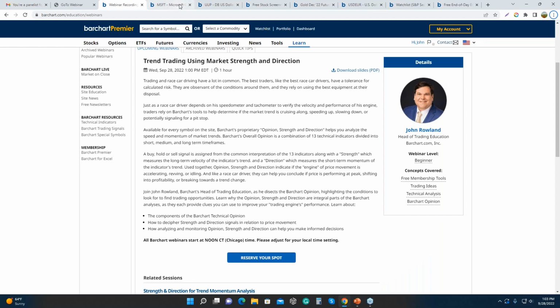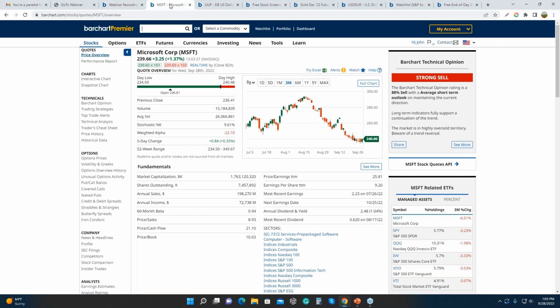So when we go to our main page, any one of our pages, any symbol out there, be it a stock, for instance, this is Microsoft, we can find something called the Barchart technical opinion. Now, the technical opinion looks at multiple technical analyses, sorts it all together, and gives us an overall opinion.